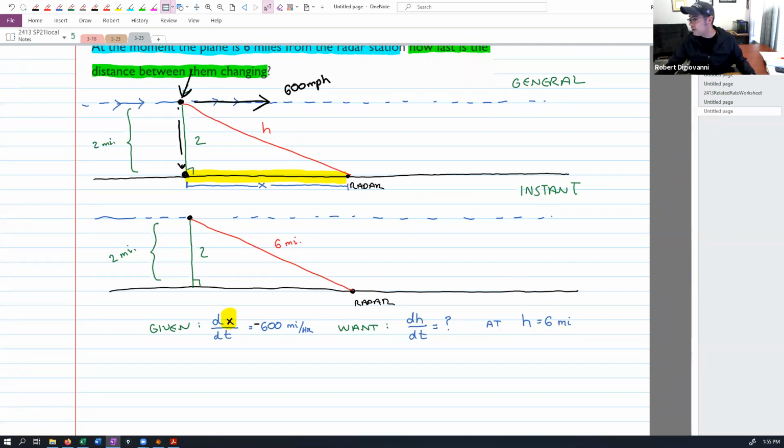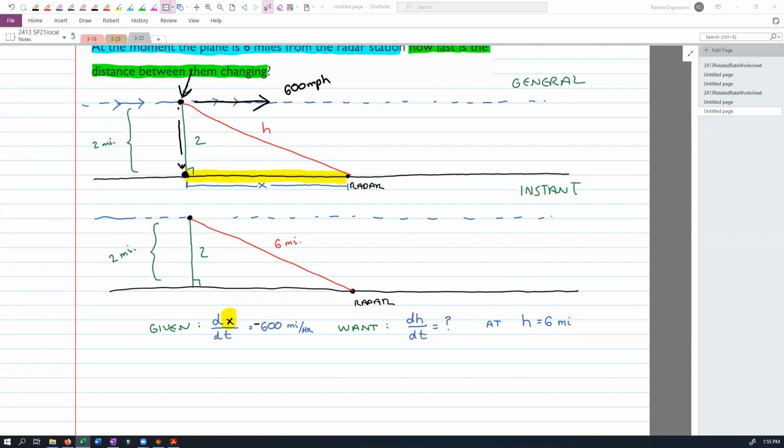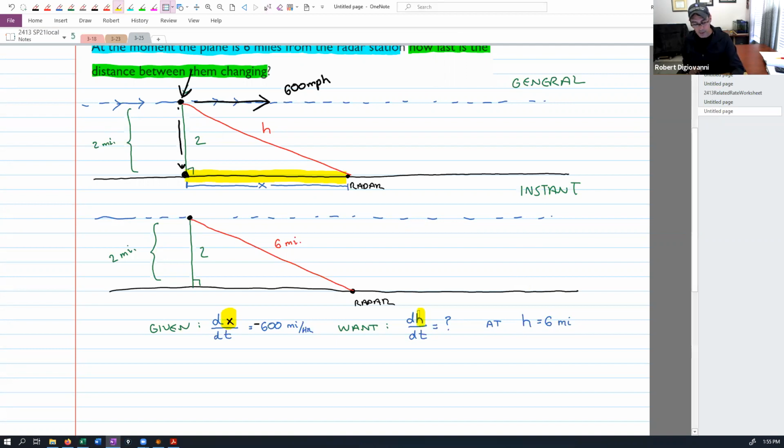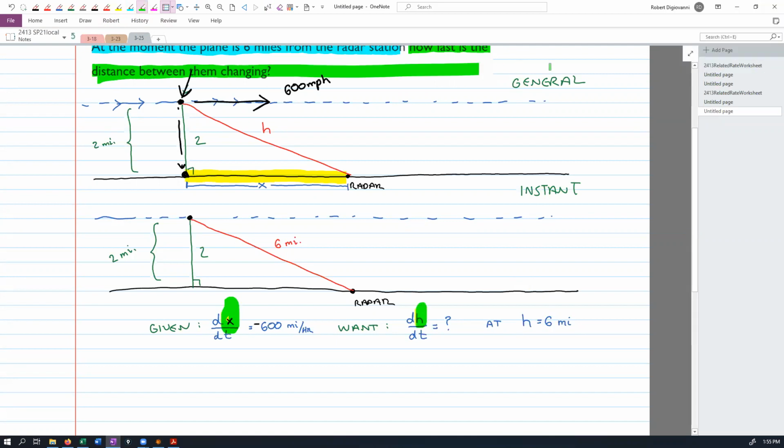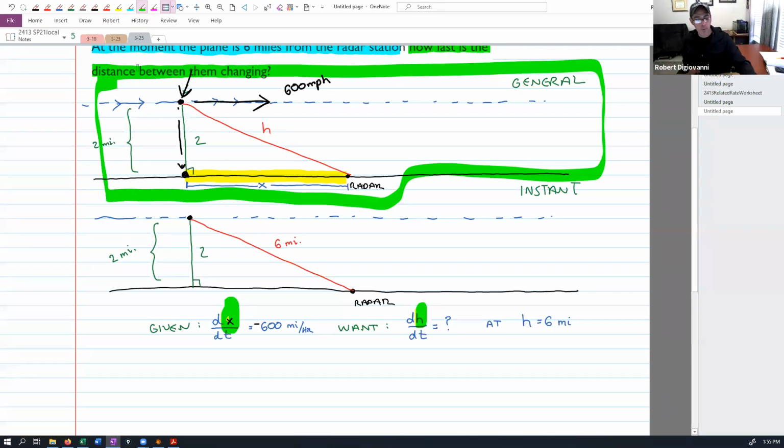So let's see, I'm going to call on somebody. Carla, I think you already asked a question today, but I'm going to pick on you anyway. When you look at finding the equation to use, you always want to look at the variable here and the variable here, and look at your general picture and come up with any equation you can that relates x and h.